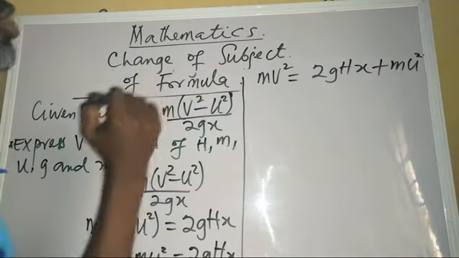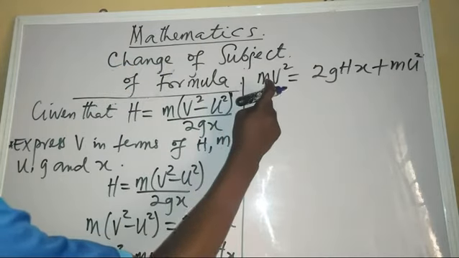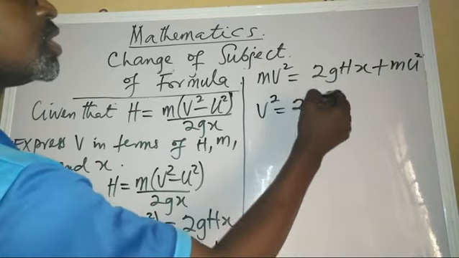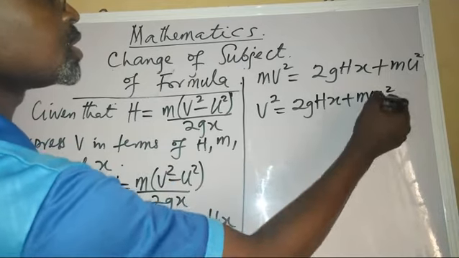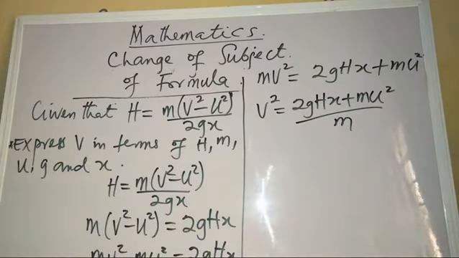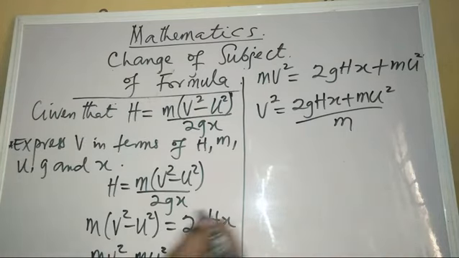From there, what do we have? Wanting to make v the subject, we need to divide both sides by what is beside v here, which is m. So it means v squared equals 2gx plus mu squared all over m. The next thing is to cancel this square. How do we cancel that?